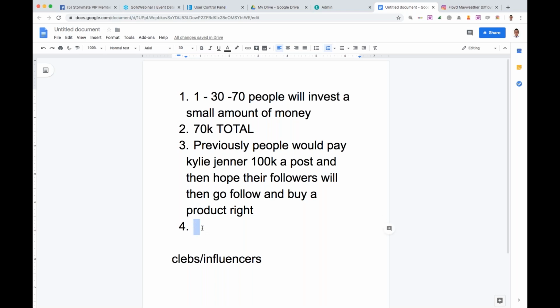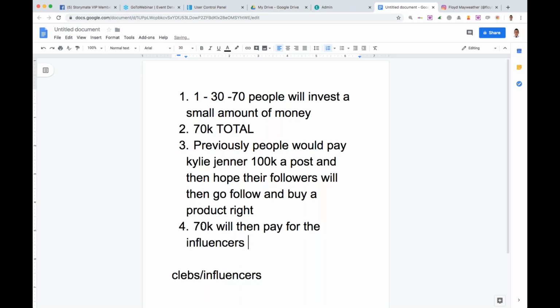So this is why this is such a low investment, low risk to high result ratio, right? So 70K total. That's going to mean that 70K will then pay for the influencer's post. And the way these loop competitions work is an influencer will then give away some cash or a prize or something to their audience.